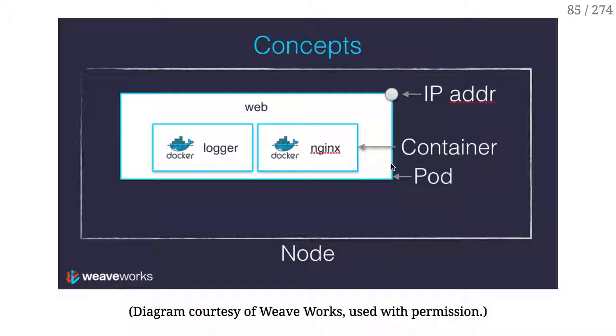Yes? So a pod is basically a bunch of containers that provide a service. The different containers that we put together are typically ones that need to be collocated and wouldn't really be usable separately.